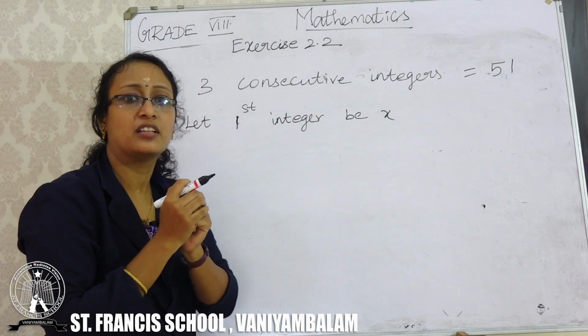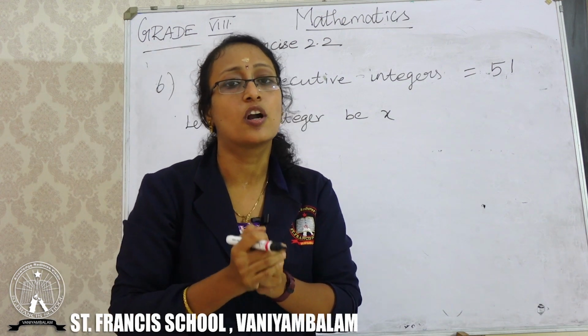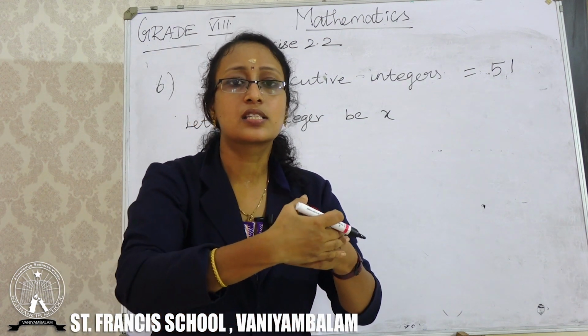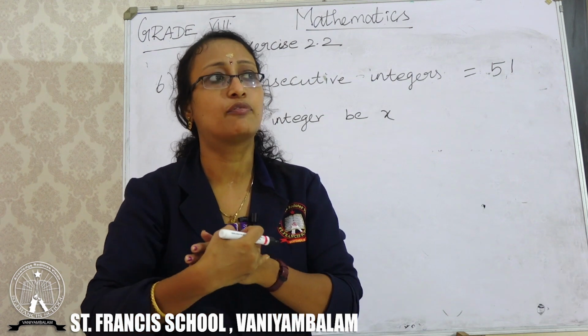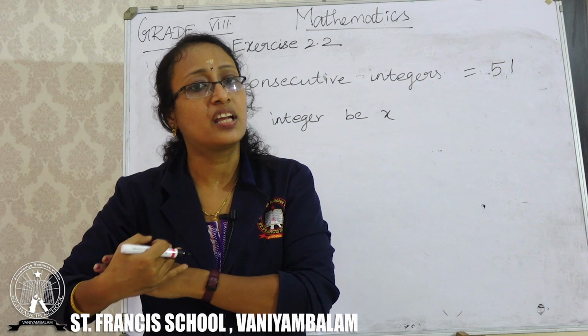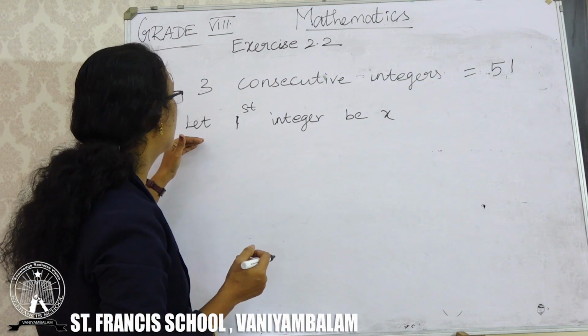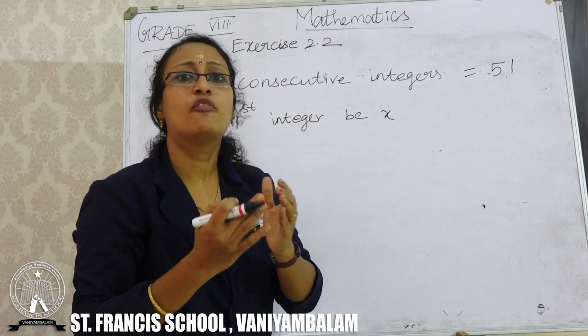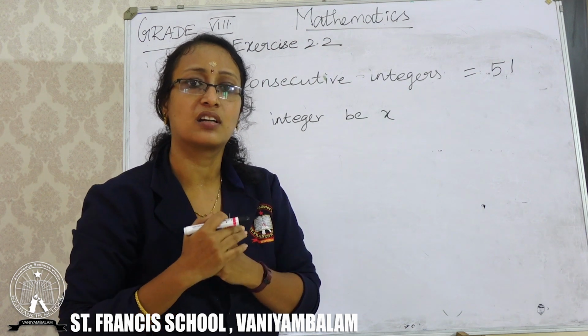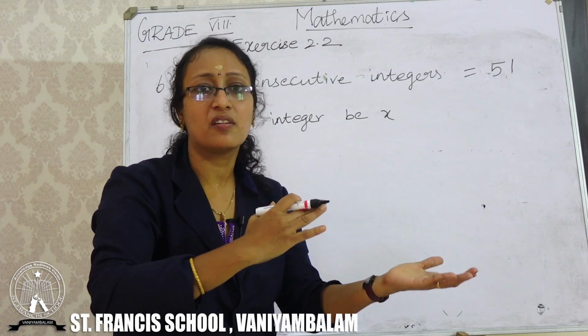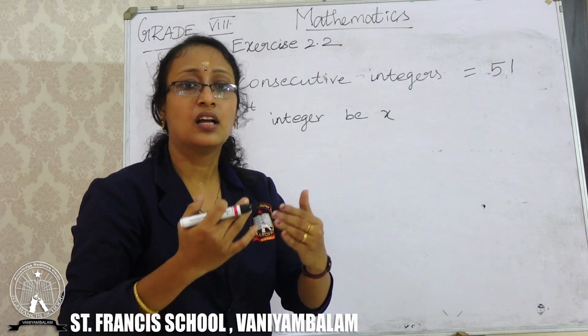If x is the first integer, what will be the second integer? What is after 1? After 1 is 2, after 2 it is 3, after 3 it is 4, right? You will add 1 to the previous number, that is the successor.